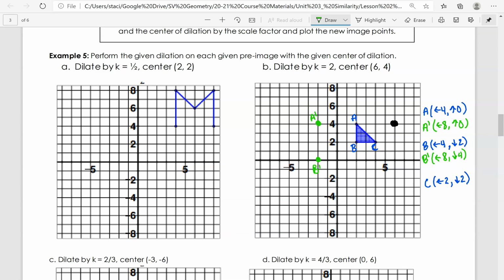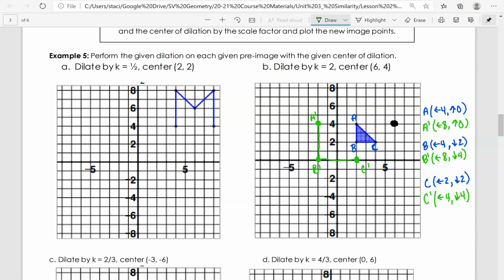And then lastly for C, I'm going to double these distances. So I have to go left 4 and down 4 from the center of dilation. If I go left 4 and down 4, C prime ends here, and then I just need to connect my points.